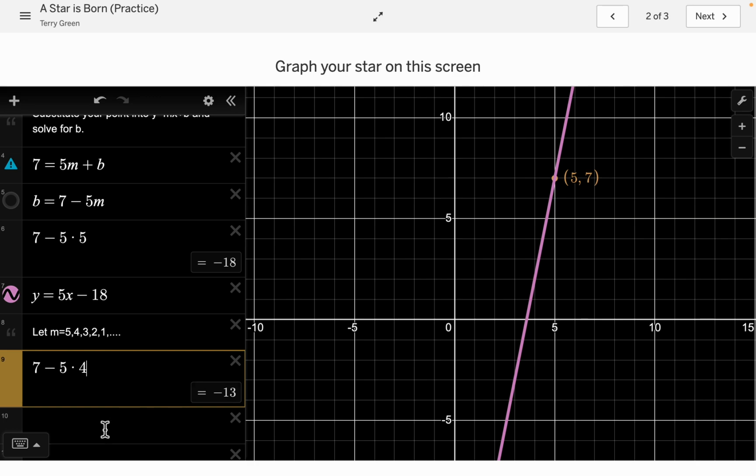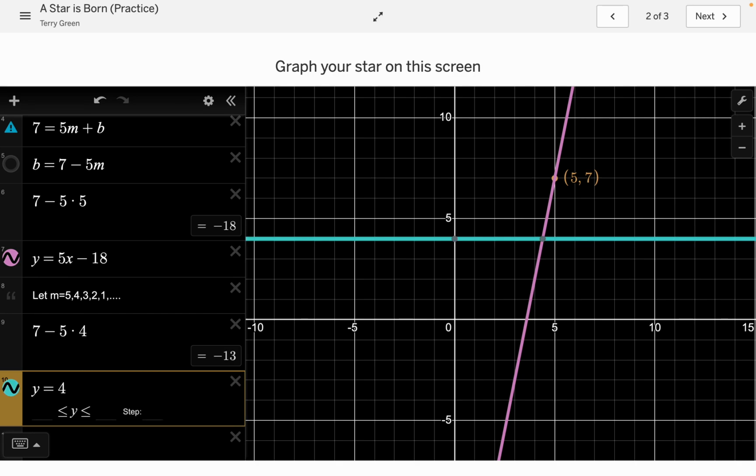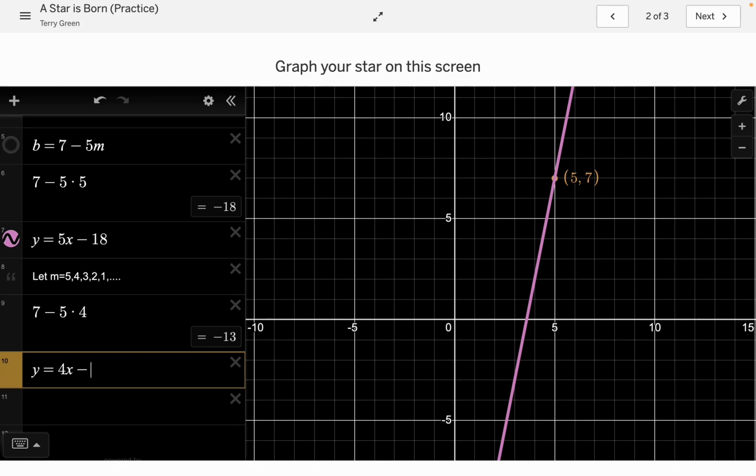Now I get a negative 13. That gives me my next equation. My next equation is going to be y equals 4x minus 13. And now you see I have my second line that goes through the point 5, 7.